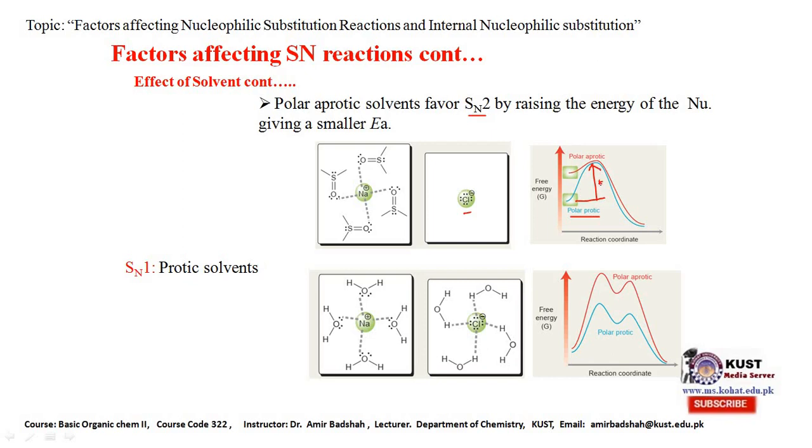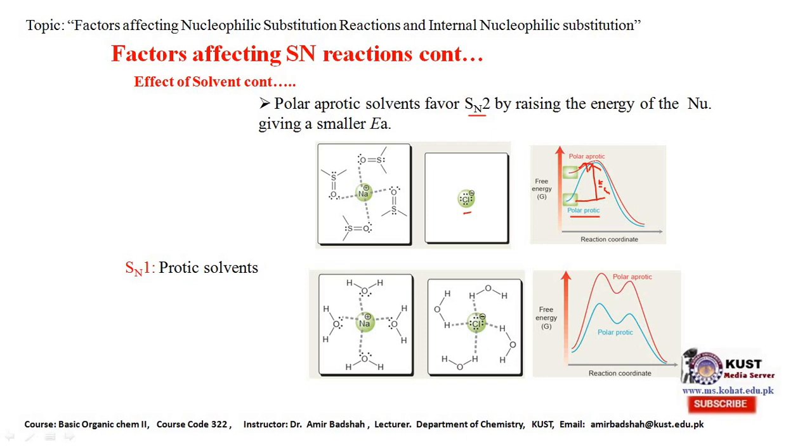But when an aprotic solvent is used, a polar solvent but aprotic, it will not stabilize it. If it is not stabilized, its energy will be high. If the energy is high, then the activation energy will be less. If the activation energy is less, then it can easily reach the transition state. If it can reach the transition state very easily, then the rate of that reaction will be high.